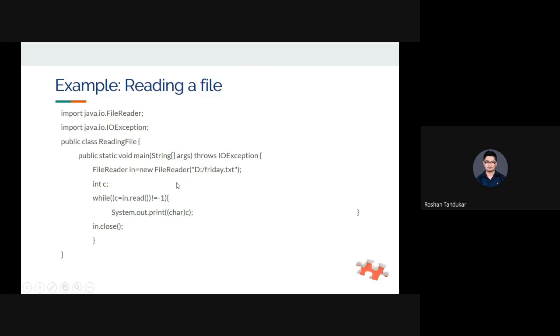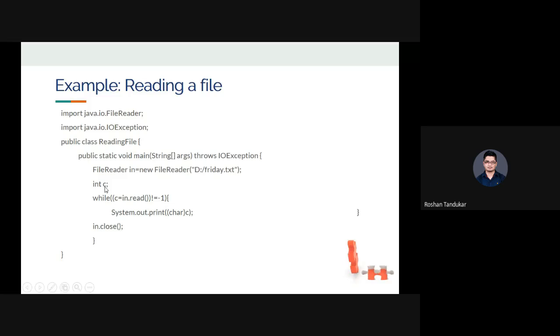And FileReader is a constructor where you have passed the location, for example here D:\friday.txt. That means in this drive, in this location, the Friday.txt file will be created. You know .txt means the text file, the Notepad file, isn't it? That file will be created with the name Friday in the D location. Whichever location you require, you have to pass that location over here.